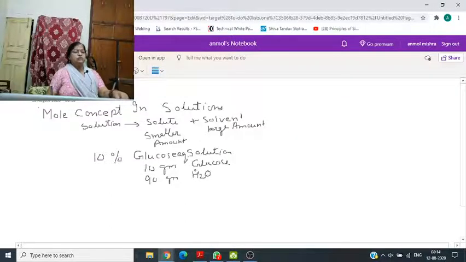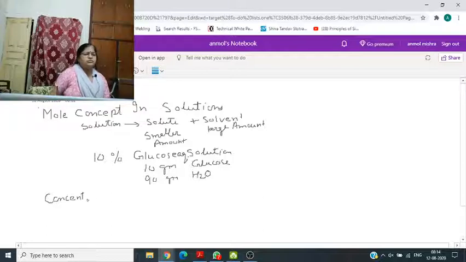So solution is 90 plus 10, that is equal to 100. So this is called the concentration of a solution. How to find out the concentration of the solution? So the concentration of a solution can be calculated by many methods.